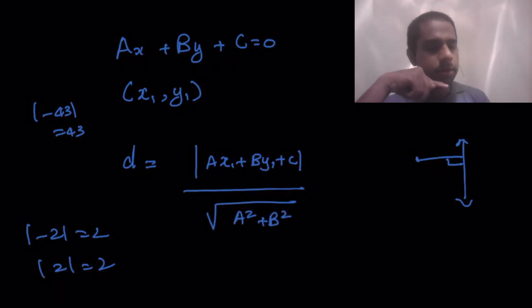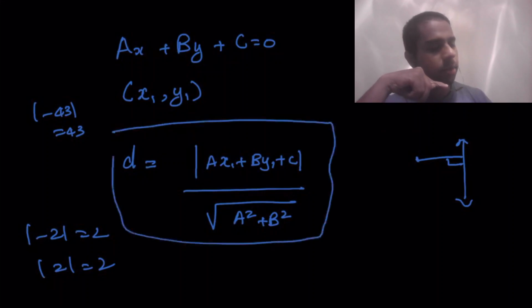So this is the formula for the distance between a point (x1, y1) and a line Ax + By + C = 0.